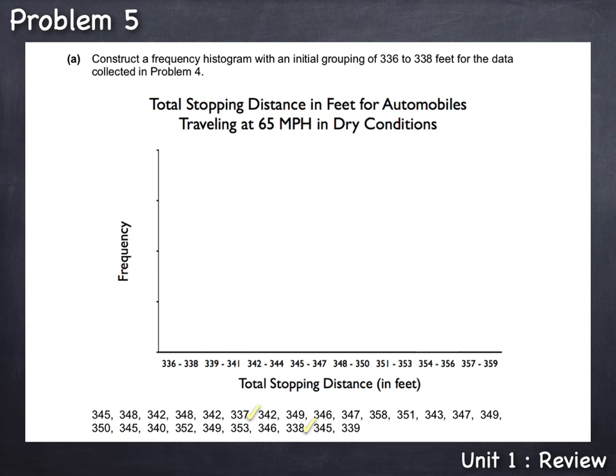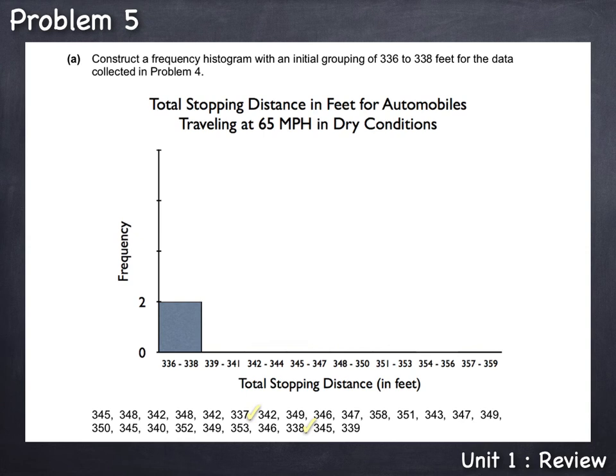So a frequency of 2 vehicles took anywhere from 336 to 338 feet to come to a stop. So that means we can draw our bar in the histogram for the first group to a height of a frequency of 2. So we label it 2, and we draw that bar right over that first group, 336 to 338 feet.